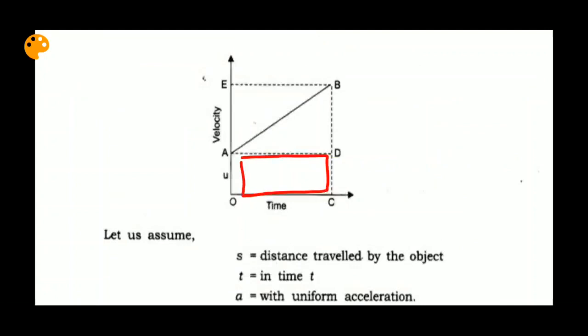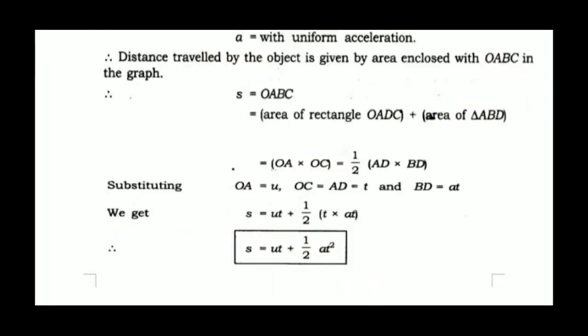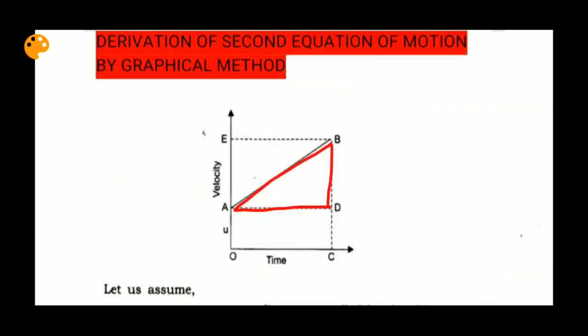OADC is the rectangle, so the area of this rectangle will be side into side. We may take any side as OC into OA. So in place of the area of the rectangle, we will write OA into OC. Now the area of triangle ABD: since ABD is a right angle triangle, its area is given by half base into height.